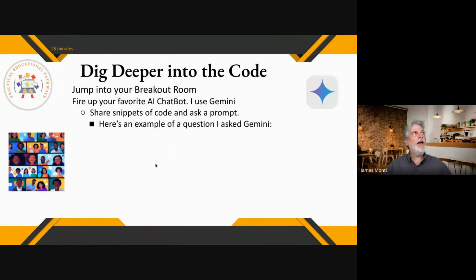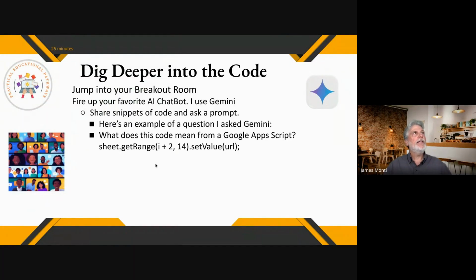If you're more comfortable with Gemini, use it. I prefer Gemini just because I'm in Google Workspace, and it allows me to do that. And so what you're going to do, you're just going to take some time to prompt Gemini to tell you what's going on in your script.